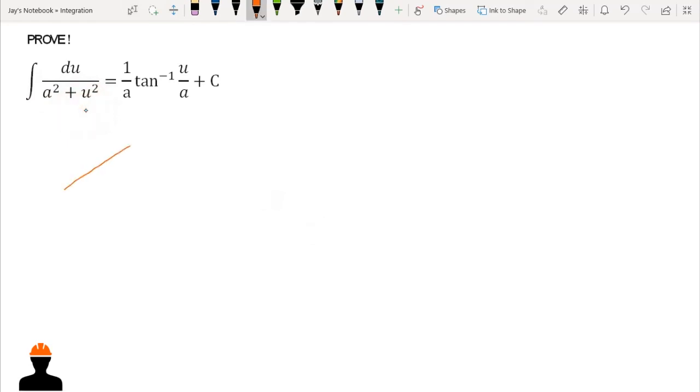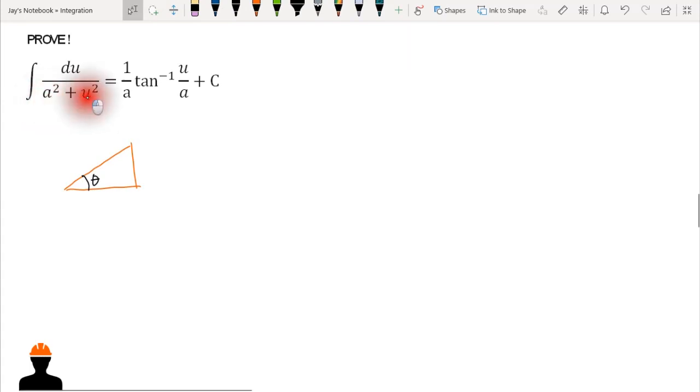If this is our right triangle, we know that our a and u here is either the opposite or the adjacent side of our angle theta, since none of these is the hypotenuse. Again, since we have a plus sign in between the two terms, we could only have a hypotenuse if we have a minus sign here, in which the first term is the hypotenuse.